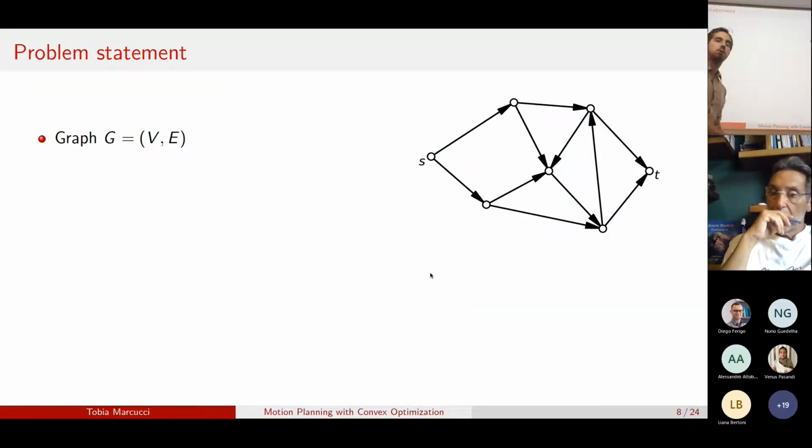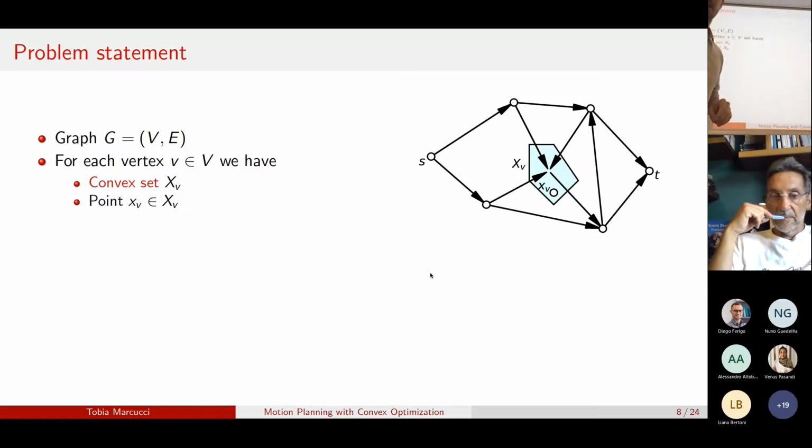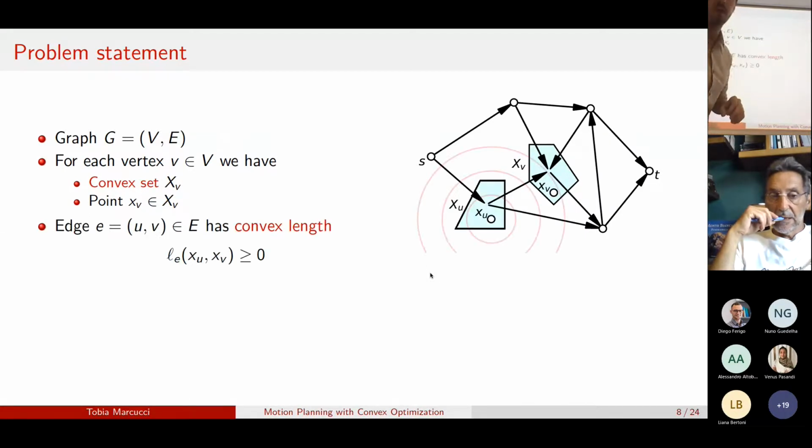So let me be a little more precise on the problem statement. We are given a directed graph. The vertices are capital V and the edges are capital E. For each vertex in the graph, we have a convex set and a point contained in the convex set that represent the position of the vertex. We have seen in the classical shortest path problem, the length of an edge is a constant.